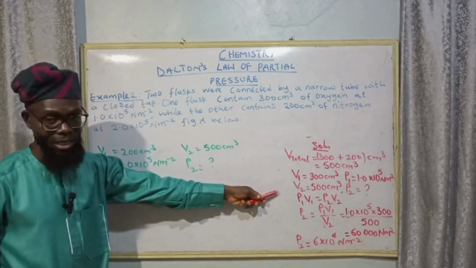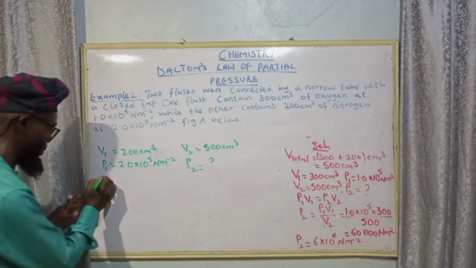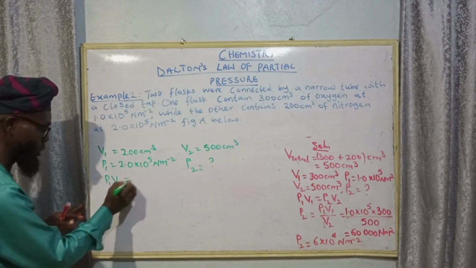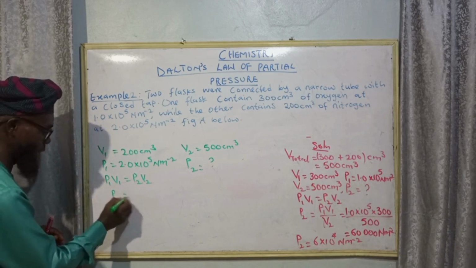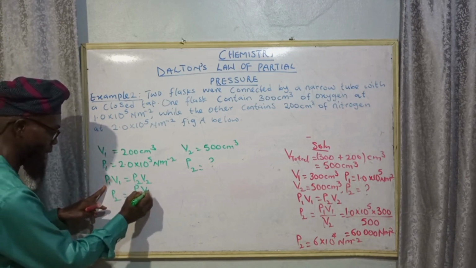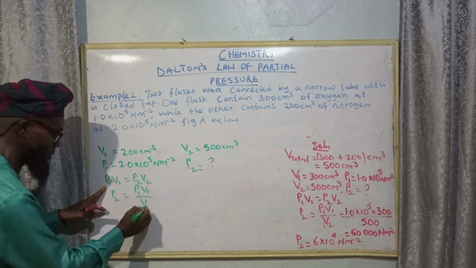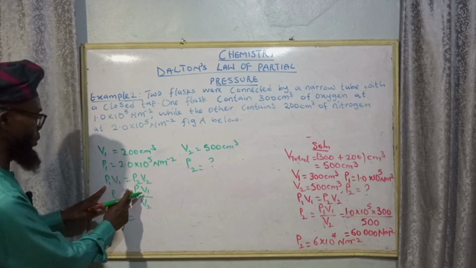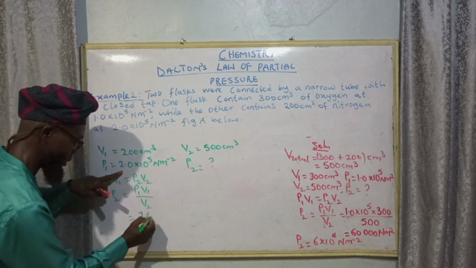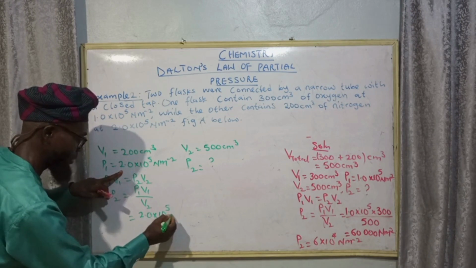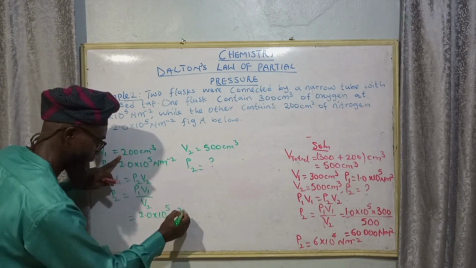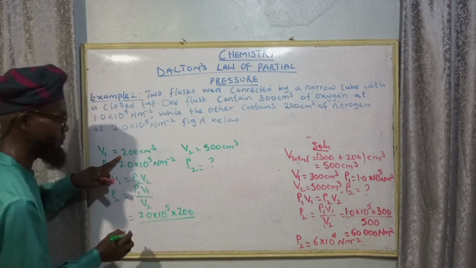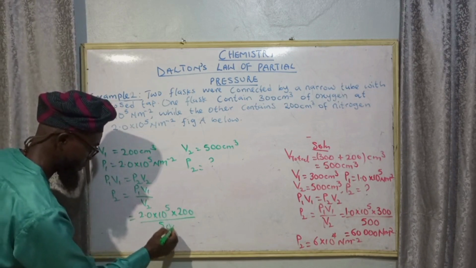According to what we did there, that is Boyle's law, P1 V1 equals P2 V2. My P2 will now equal P1 V1 divided by my V2. From here, my P1 is 2.0 times 10 to the power 5 multiplied by my V1, 200, divided by my V2, 500.